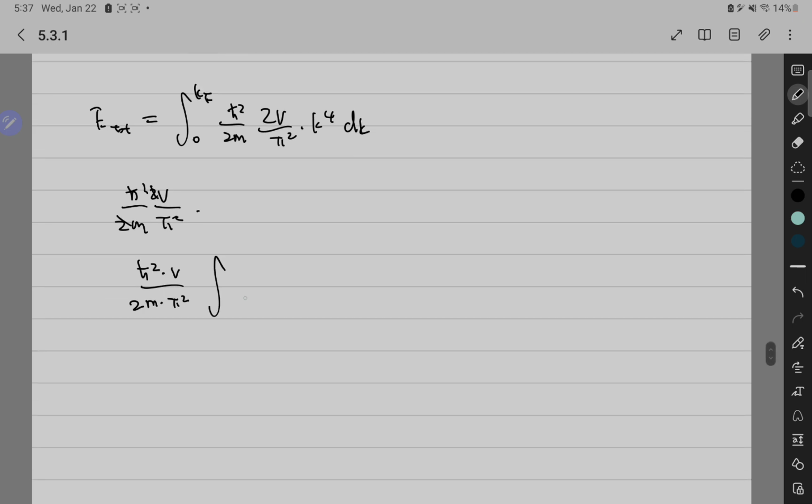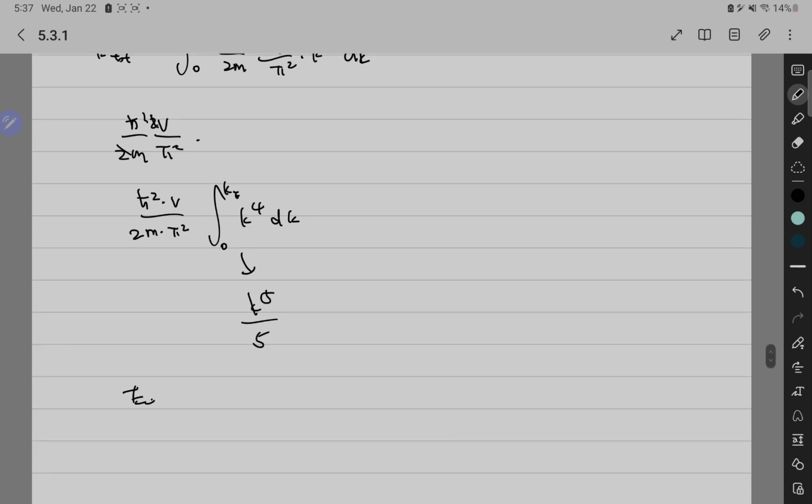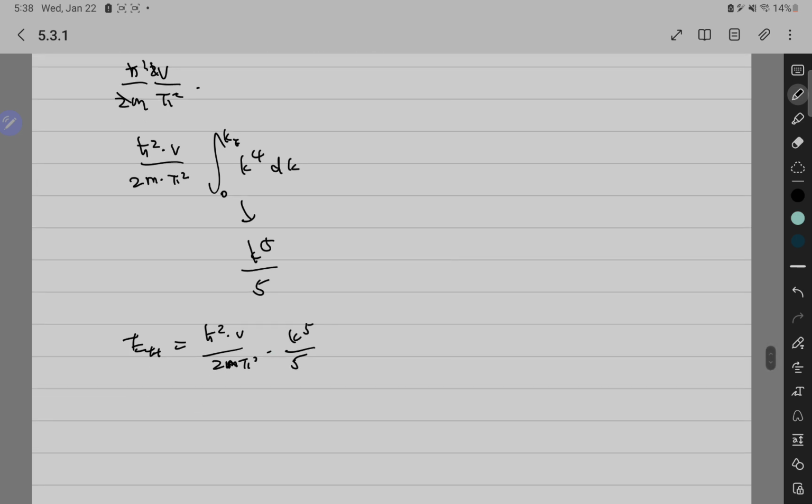And our integral is going to be 0 to kF and then k to the power 4 dk. This is a pretty easy integral to solve. This should be k to the power 5 over 5. So our E total is going to be h squared times V over 2m pi squared times k to the power 5 over 5.